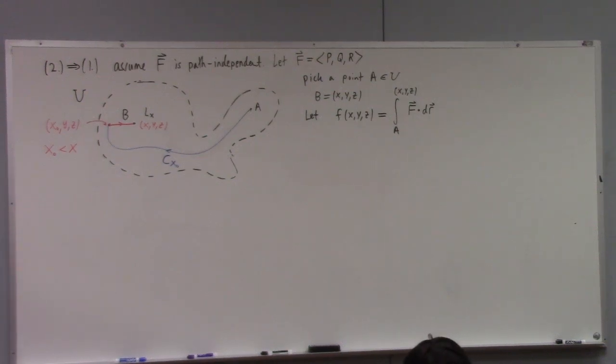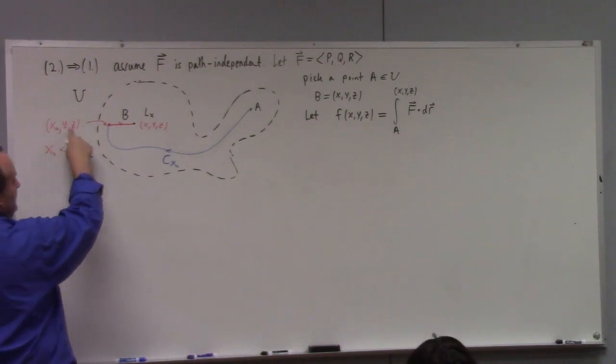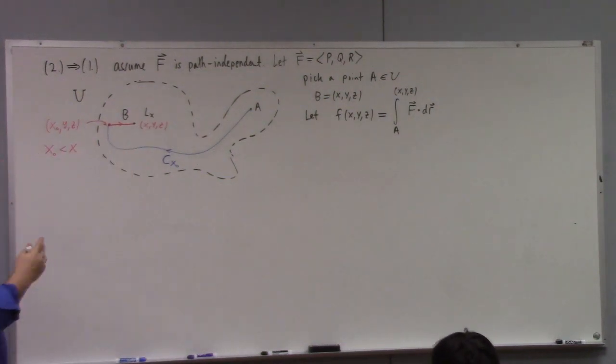It depends on the y and the z for your point, but the x naught is independent from x. It could be 0.1 units to the left, it could be 0.5 units, I don't know how far it is from the x to the left. This x naught is independent from that x. Do we agree? This is kind of important because the whole proof really hinges on this observation.